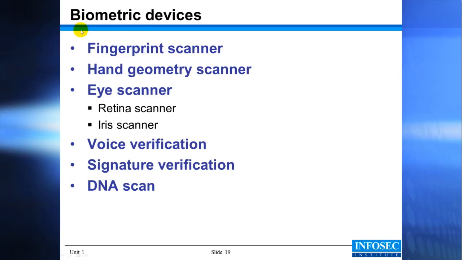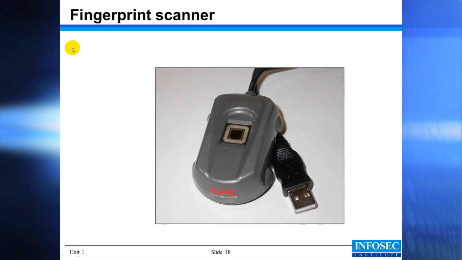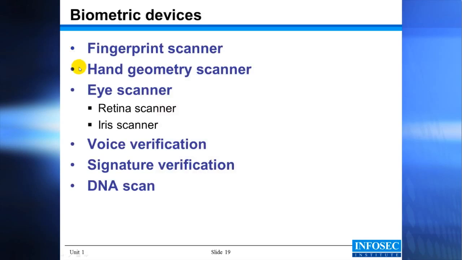As you can see, it could be the scan of a fingerprint, like that reader that we just saw a picture of in the previous slide. It could be a scanner that examines the characteristics of the entire hand, the entire palm. There are eye scanners that look at the blood vessel structure in the back of the eyeball or the colored part of the eye that can be seen without a specialized scanner.